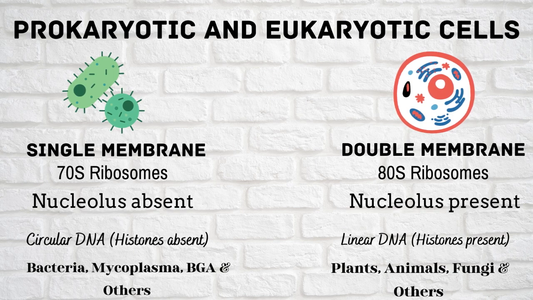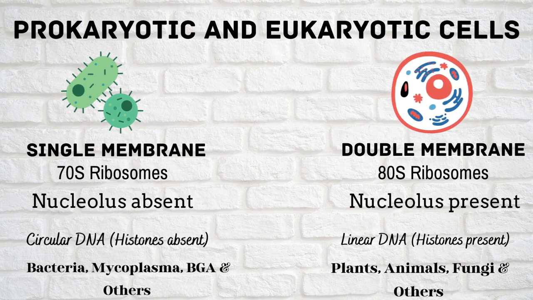If we talk about the eukaryotic cells, they are characterized by the presence of double membrane system. The cell wall surrounds the plasma membrane in some protists, most of the fungi, and all plants. So only the animal cells lack the cell wall. Cell membrane lacks the respiratory enzymes that we saw in case of prokaryotic cells, and linear DNA is present with the histone proteins.